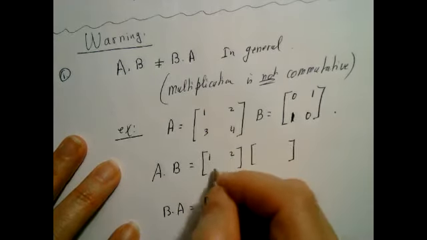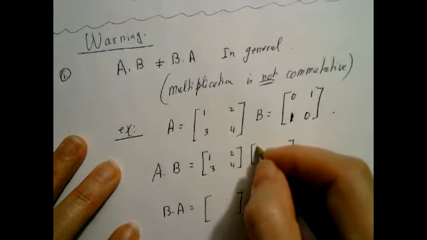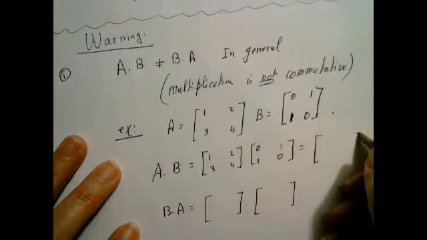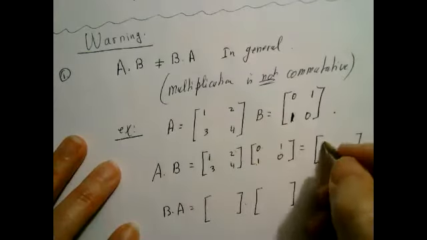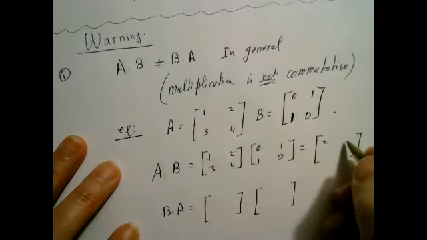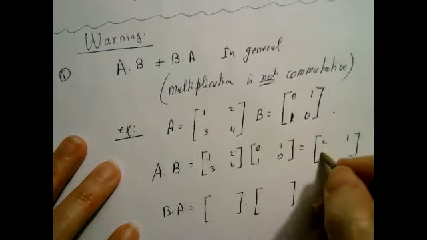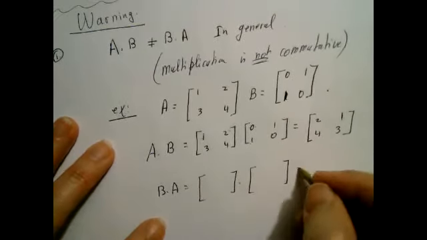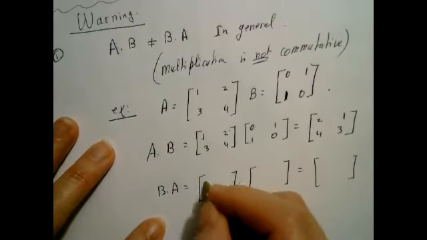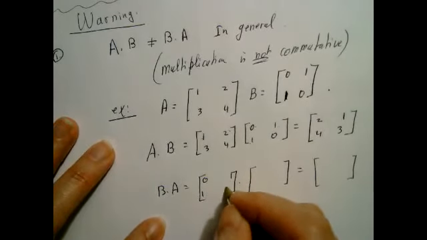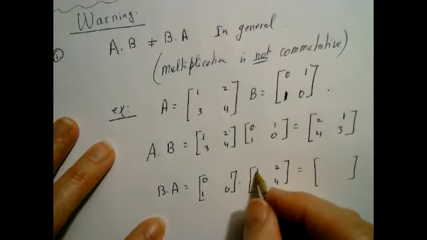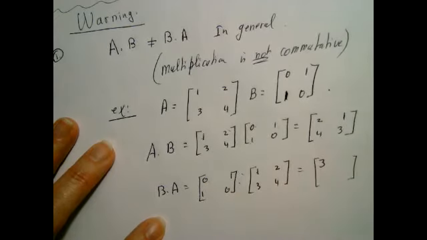So 1, 2, 3, 4 times 0, 1, 1, 0. I will get 2, 1, 4, 3. Now if I multiply them the other way, 0, 1, 1, 0 times 1, 2, 3, 4, I get 3, 4, 1, 2.